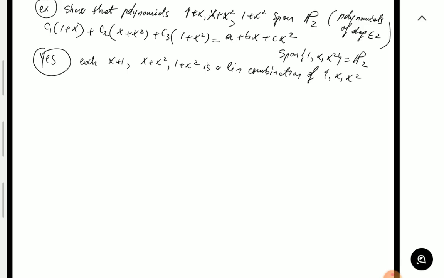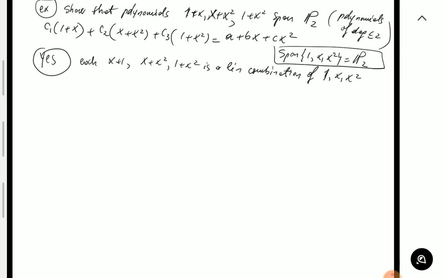So that means each of them is actually in that span. And 1, x, and x squared themselves can be written in terms of linear combinations of 1 plus x, x plus x squared, and 1 plus x squared. So these are essentially obtained from the set that you already know spans P2.